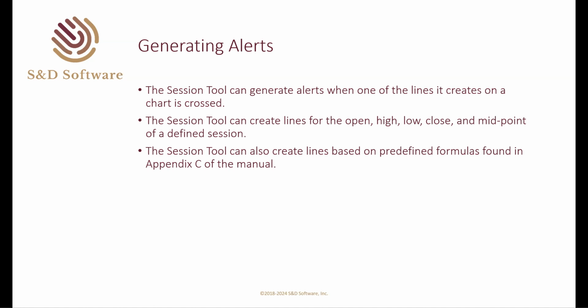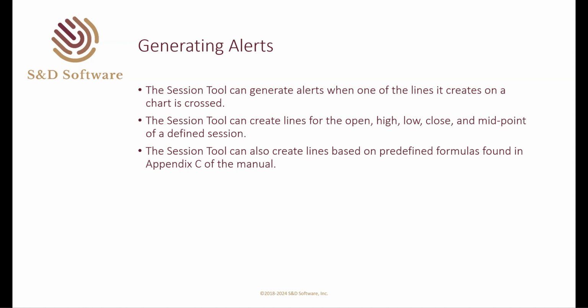The typical ones that a lot of people use are, again, related to the session when the session is set up for use as an open range breakout box. And there's a lot of strategies that revolve around the open range breakout box.